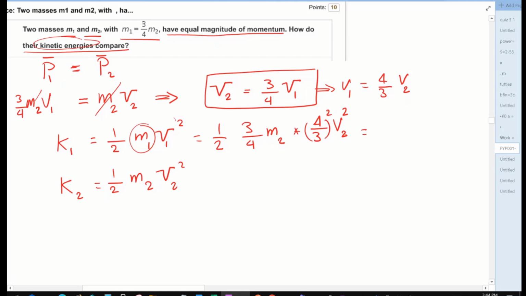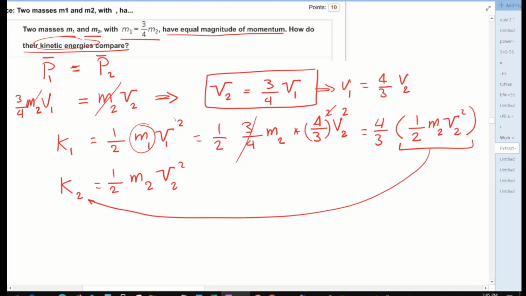Let's try to simplify it. The square here is removed with the 3/4. So at the end, it will be 4/3 times half M2 V2 square. What is this part? This is the kinetic energy 2.